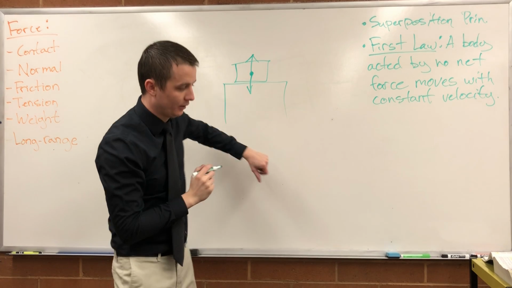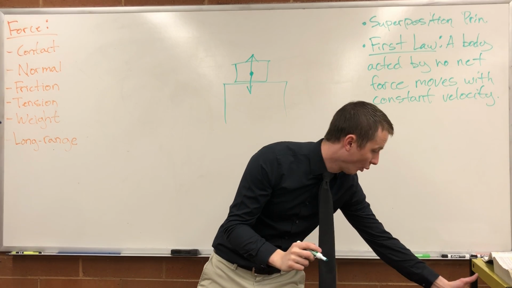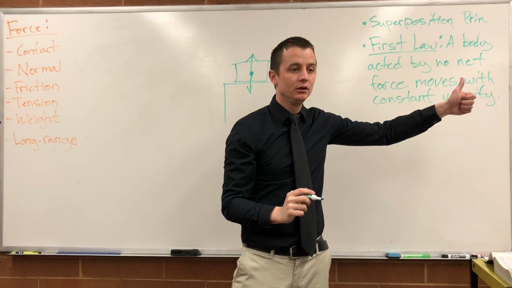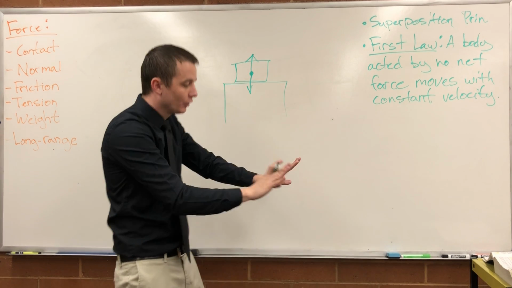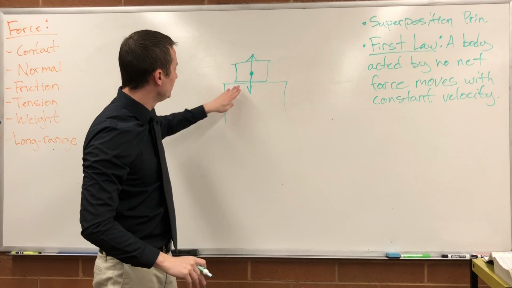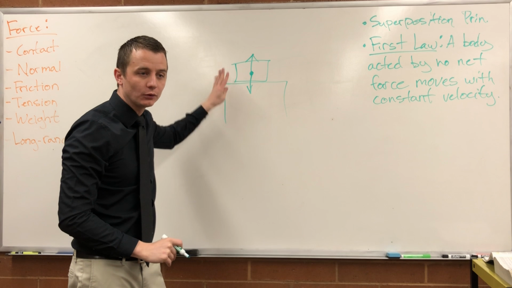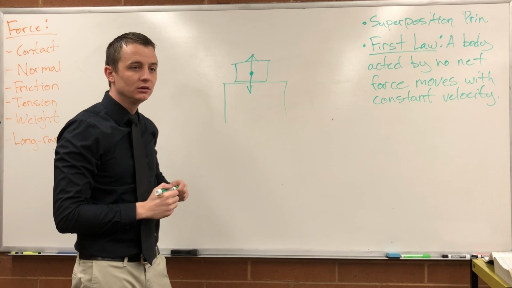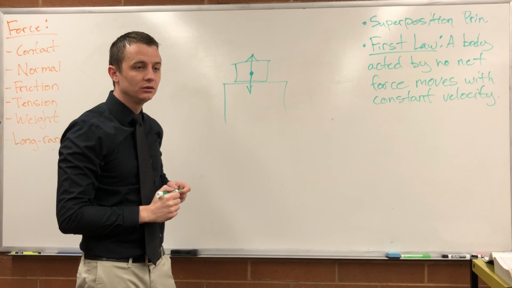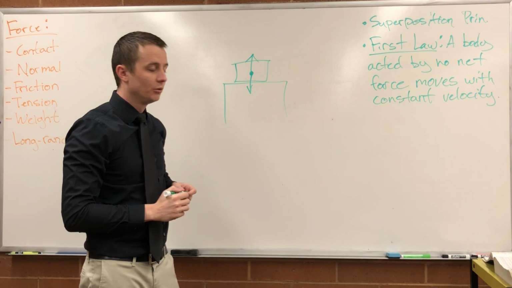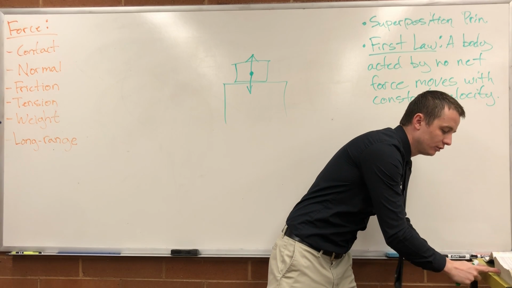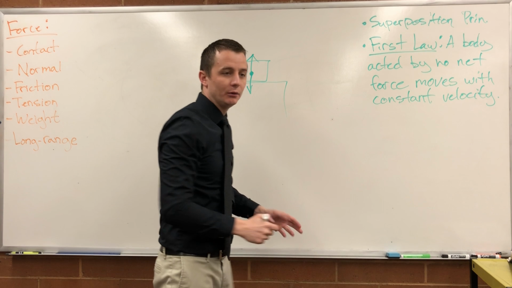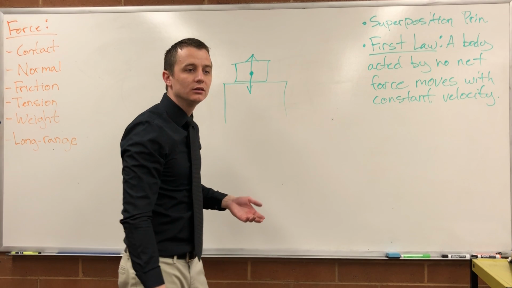So gravity's pulling it down, and the normal force is pushing it up. They're pushing the exact same hard, and so the book's just sitting there. So no net force is acting on the book. The net force on the book is zero. But then I can come and apply a side force, and now it moves, and it accelerated.